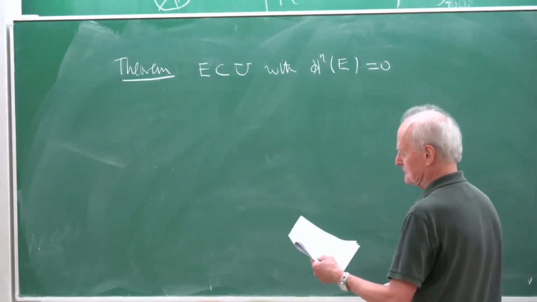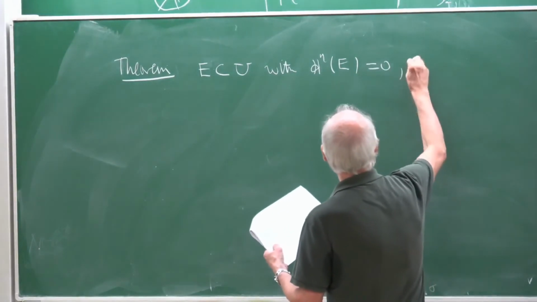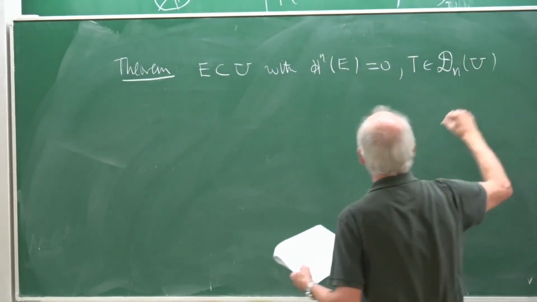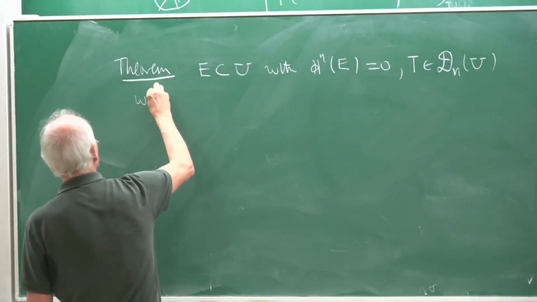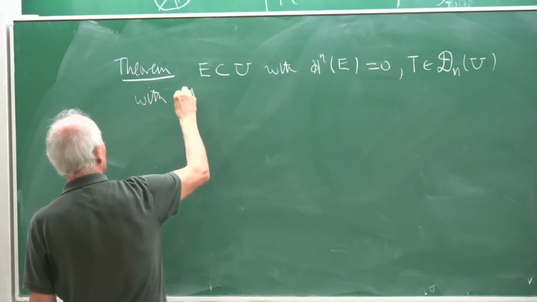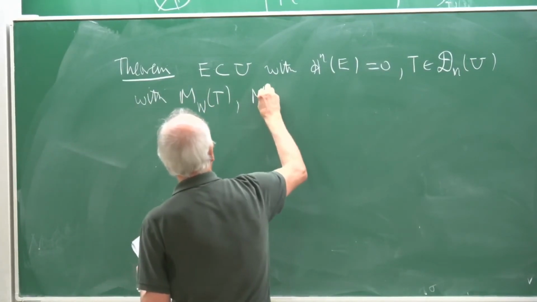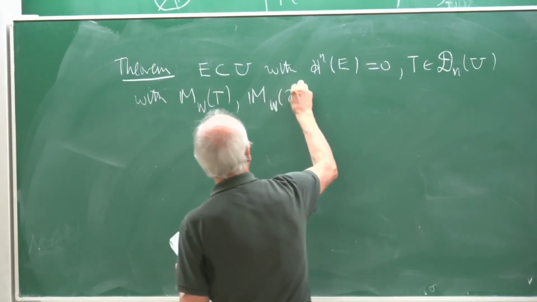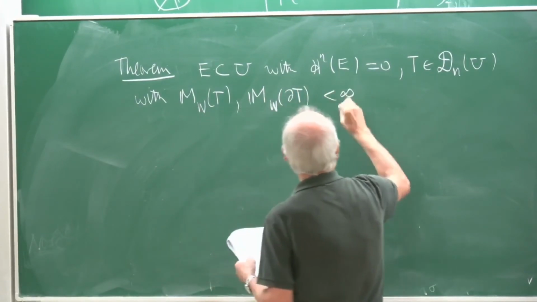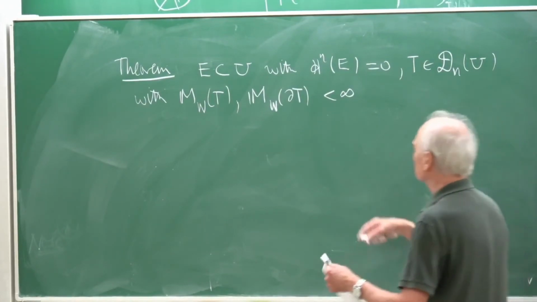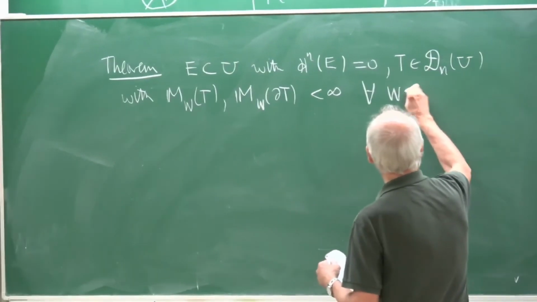And take an n-current with locally finite mass and also the boundary of locally finite mass, less than infinity. And this is for every W properly contained in U, as usual.